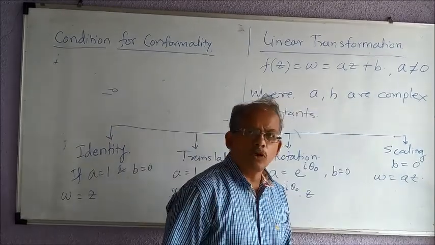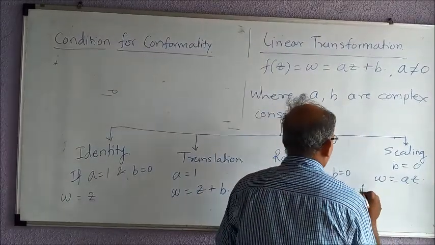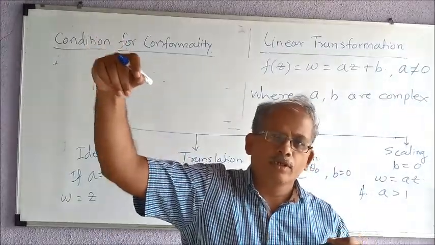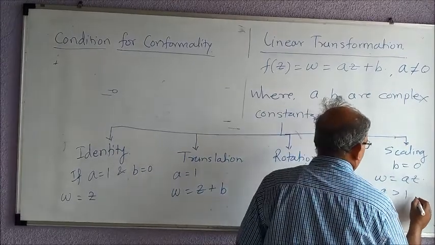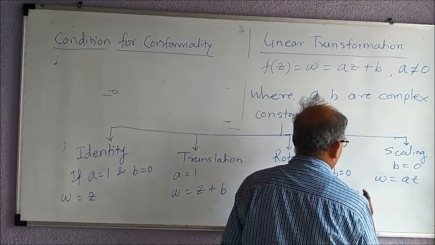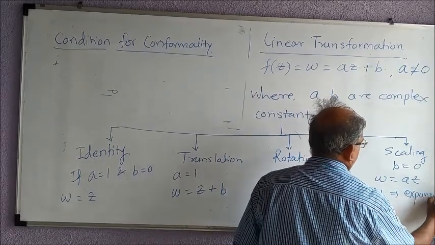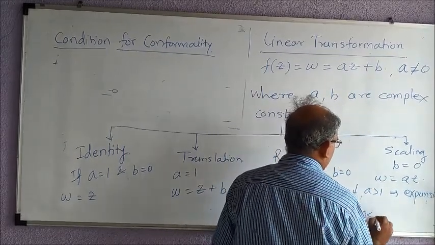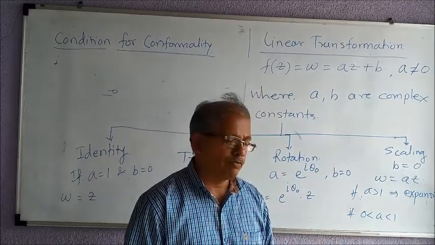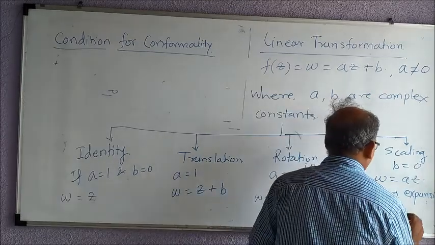So we are stretching the point z. If a is greater than 1, we get the extension of z, and this is called expansion. And if a is between 0 and 1, since a cannot be 0 and a cannot be negative, you get the contraction.